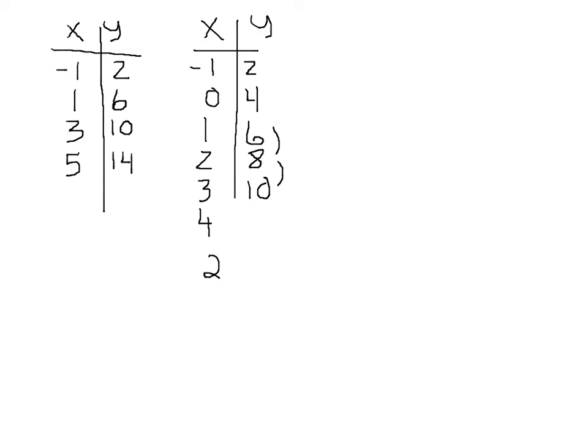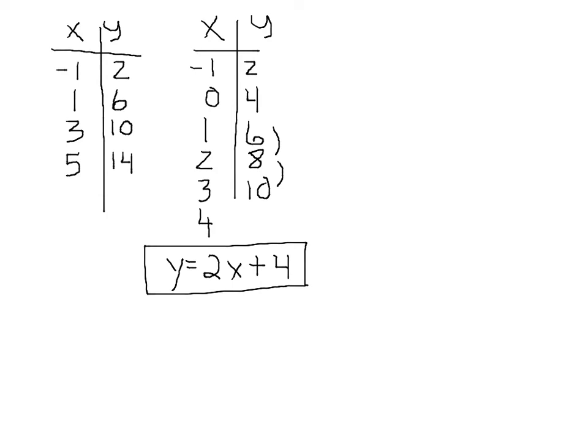So that's 2 times something, and 2 times 3 is 6, but I need 4 more to make 10, and 2 times 2 is 4, but I need 4 more to make 8. And so, actually, I got this, 2x plus 4. So you could figure out this equation without parametrics, mostly because it's a line and it's pretty easy.